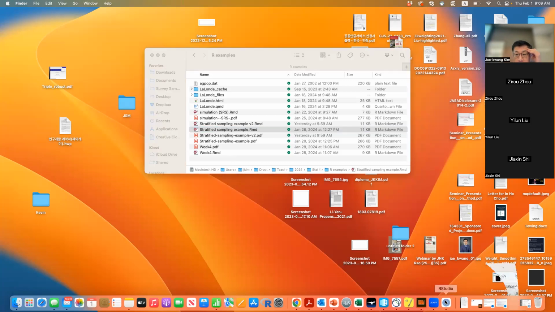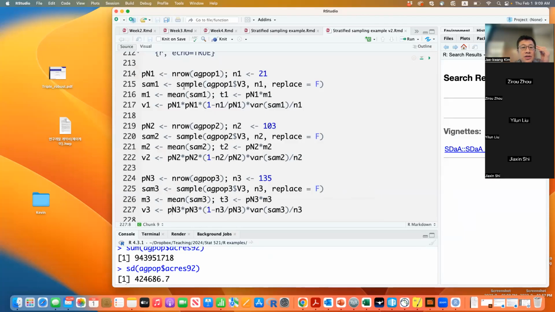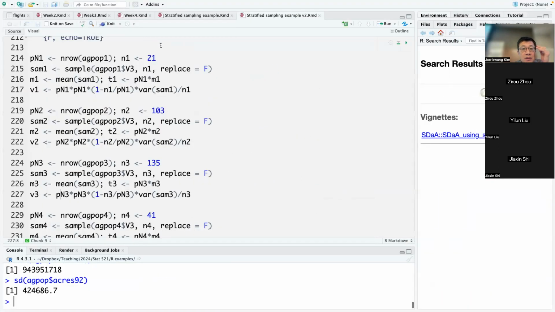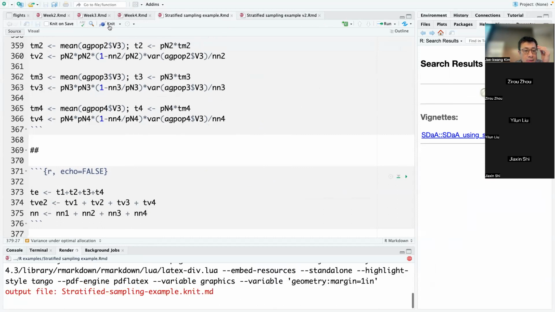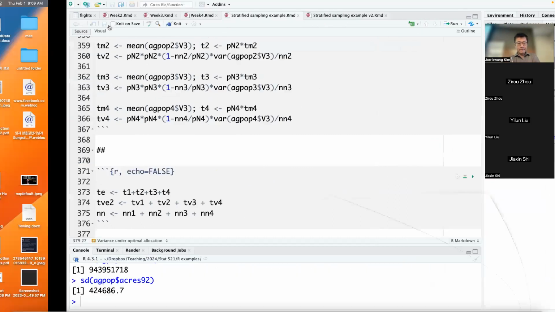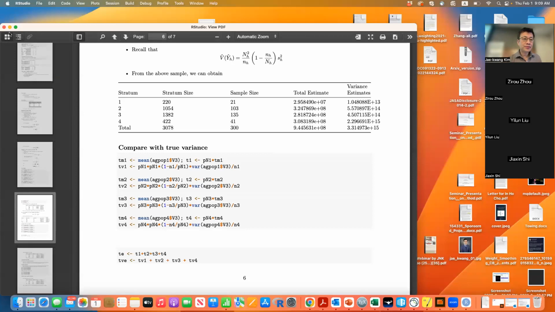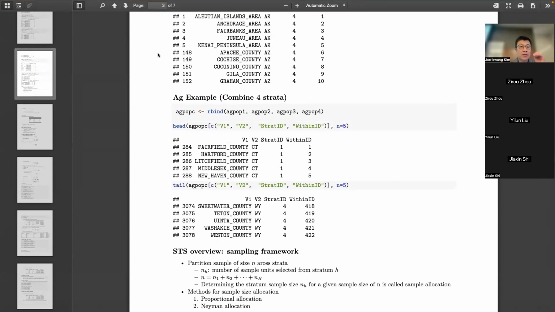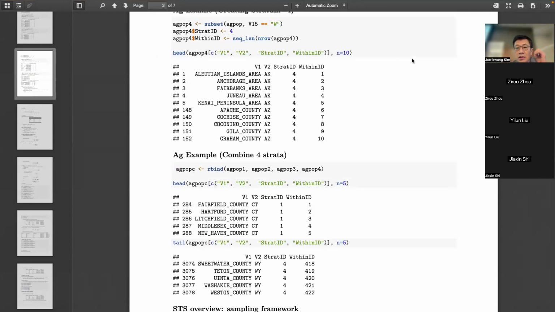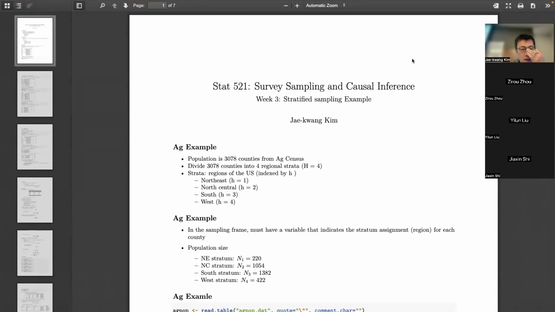We should have, okay. So this is R Markdown. This one. So if I need, okay. Is it big enough?